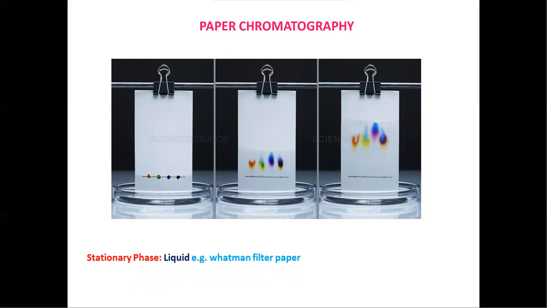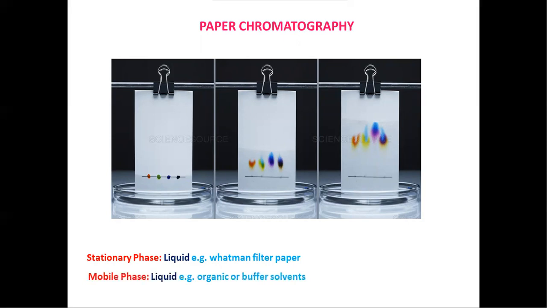This is an important point. Why? Because this Whatman filter paper has 98 to 99 percent cellulose fibers, which contain water molecules. Due to the presence of 98 to 99 percent water in the Whatman filter paper, we are considering this paper as a liquid stationary phase.